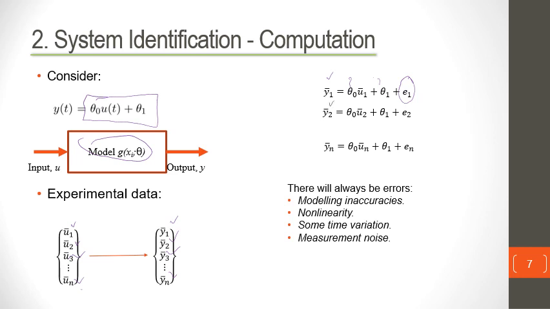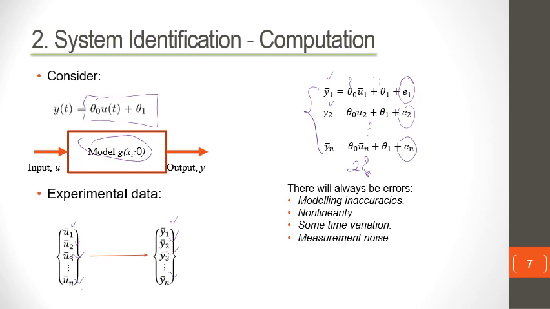Y2 will be equal to theta 0 times u2 plus theta 1 plus error 2, and so on and so forth up to the nth equation. So we observe that now we have a system of n equations and two unknowns, which we don't know. So we have two parameters that we don't know.